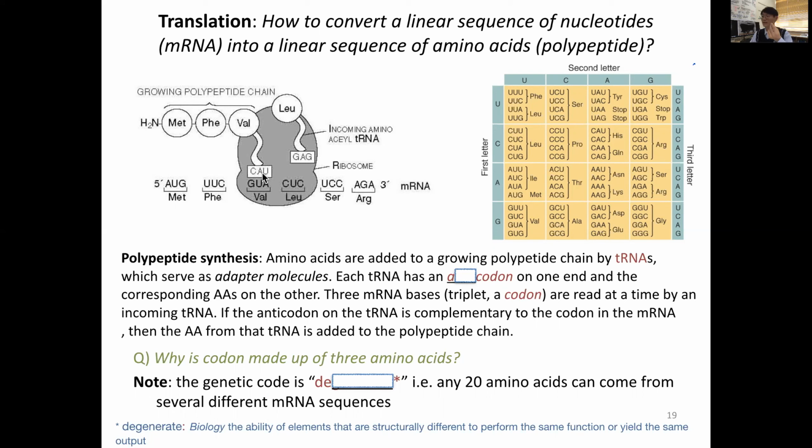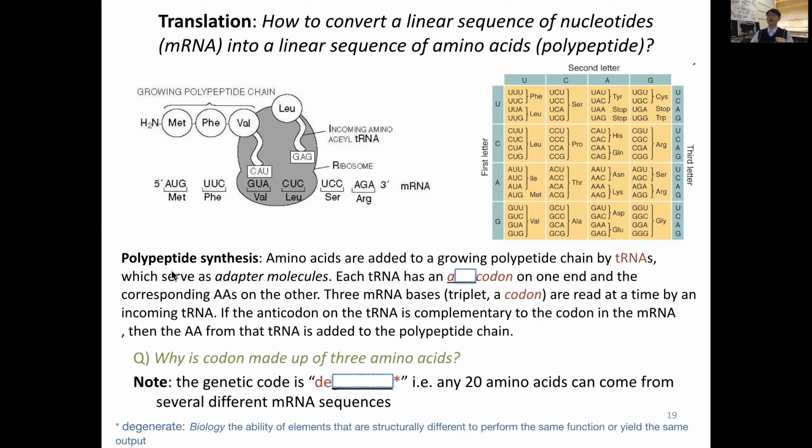So one side, let's say there's a GUA, is supposed to produce a valine. Then there's a complementary sequence C, A, U. And the other side must have this valine amino acid, and they will attach to this as a growing polypeptide chain.